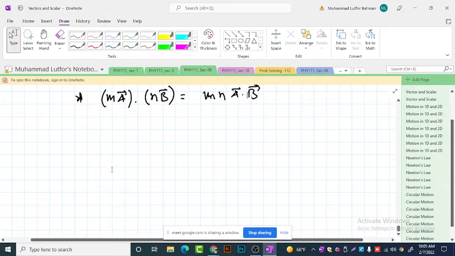Now there is one more case I'll talk about. In the case of the triple product, I will use that thing.